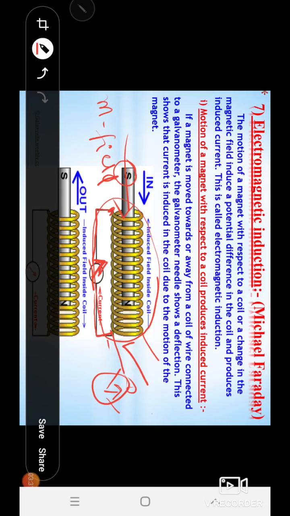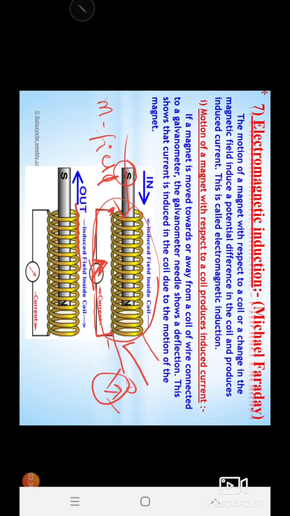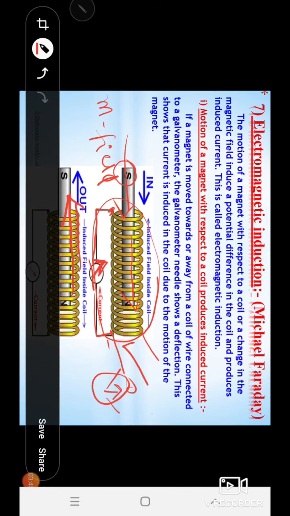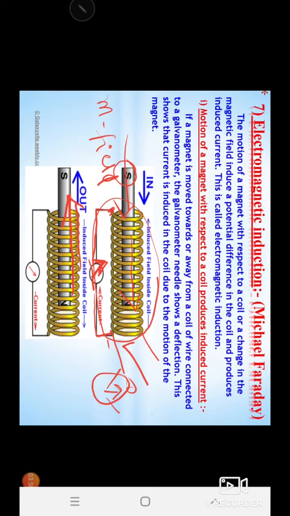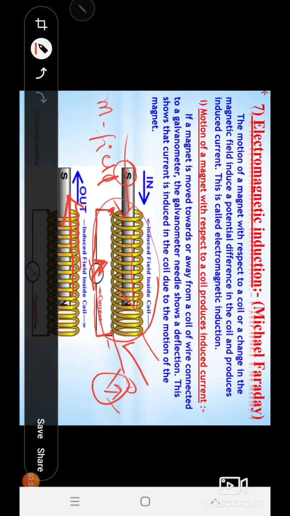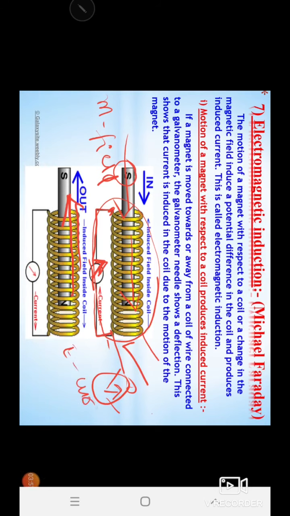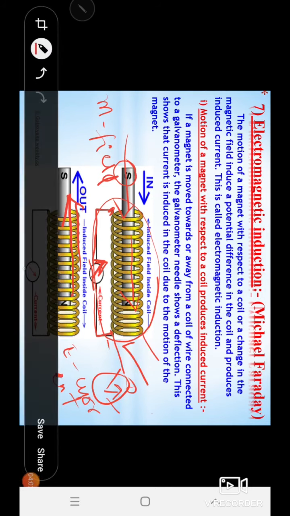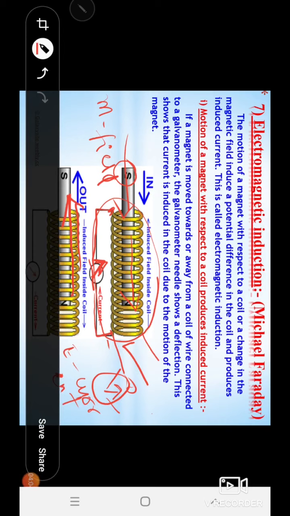In case we remove the magnet from the coil, in this diagram you are able to see that here we have kept the magnet inside the coil. In the second situation we are removing the magnet out of the coil, so again there is a change of magnetic field inside this coil, hence there will be a production of electric current once again in the circuit, and the galvanometer shows the deflection.